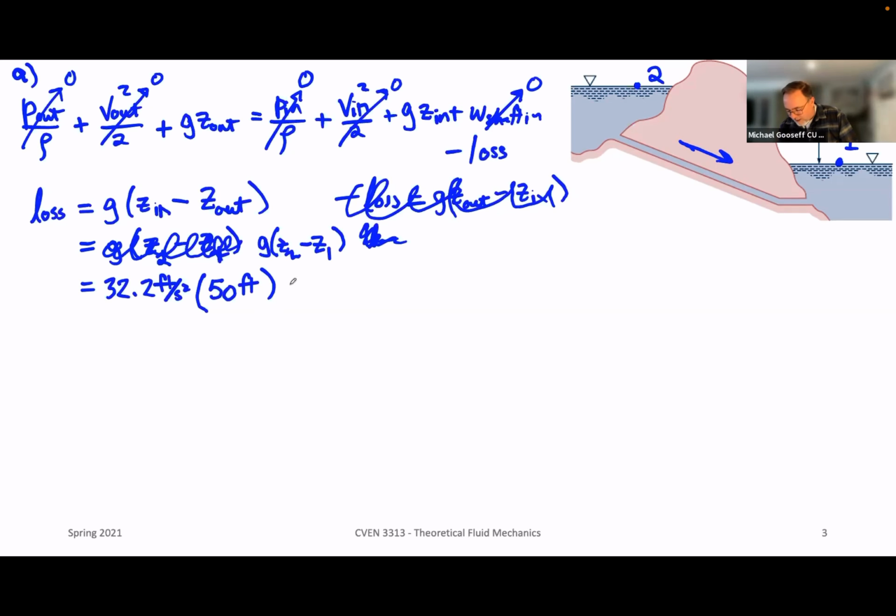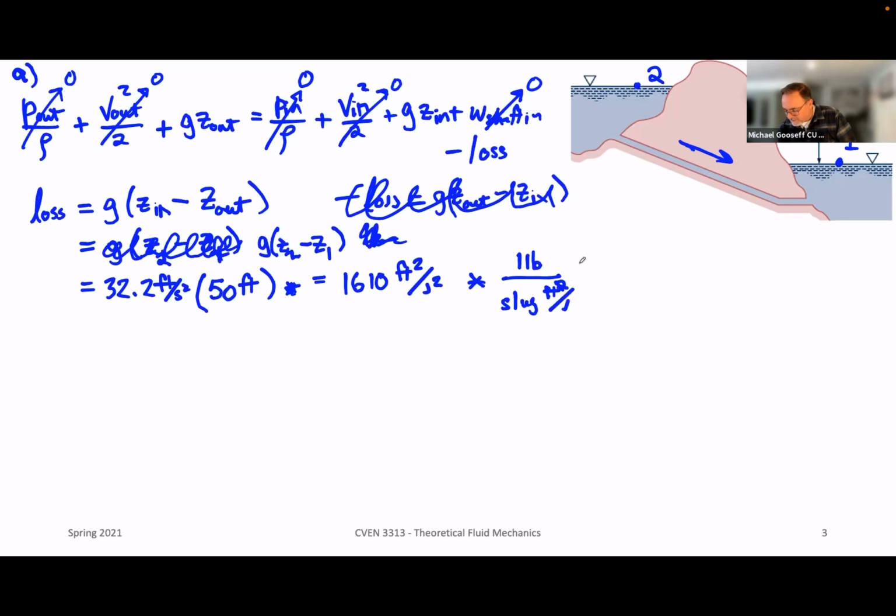we could multiply by a conversion factor. So this would come out to be 1,610 foot squared per second squared. But we can convert this to basically 1 pound divided by a slug is equal to a slug foot squared per second.